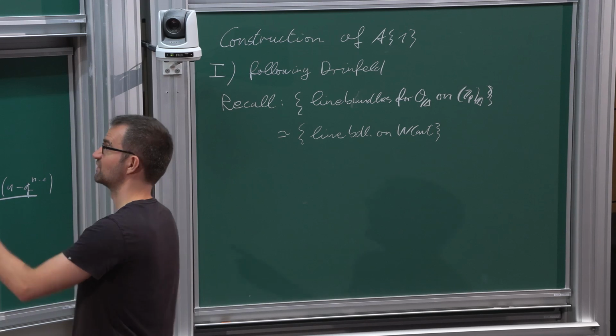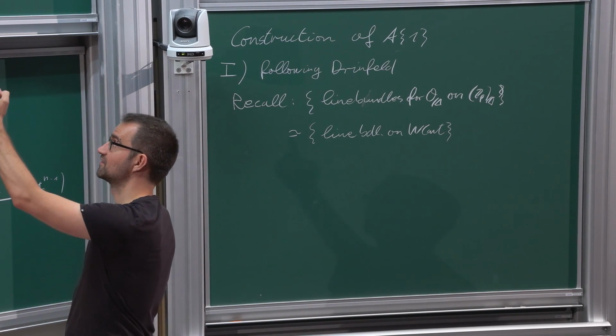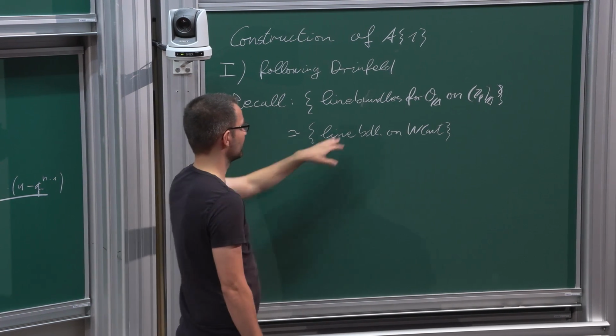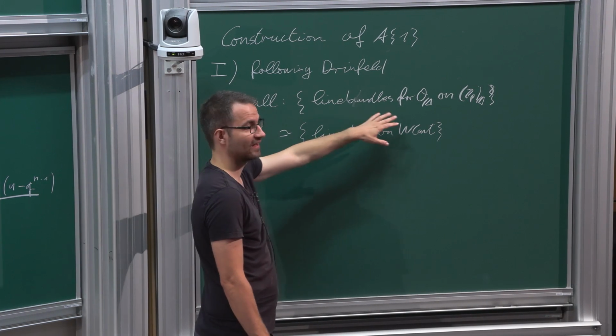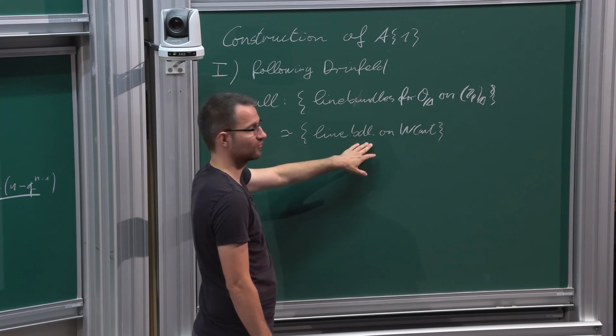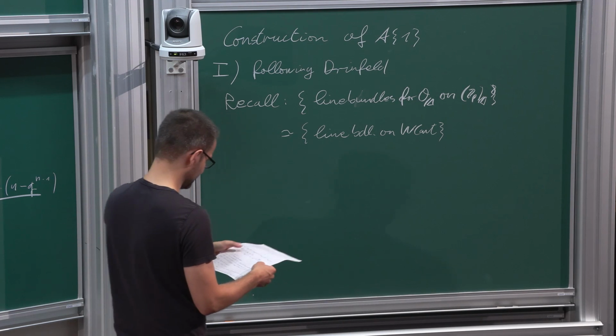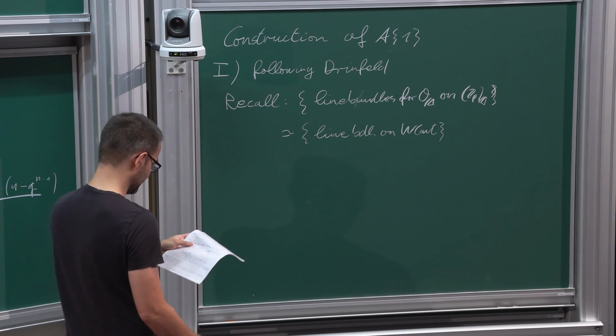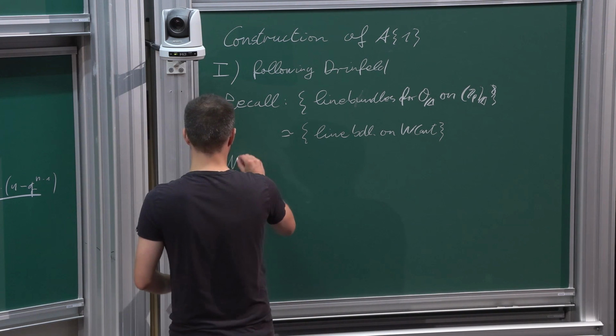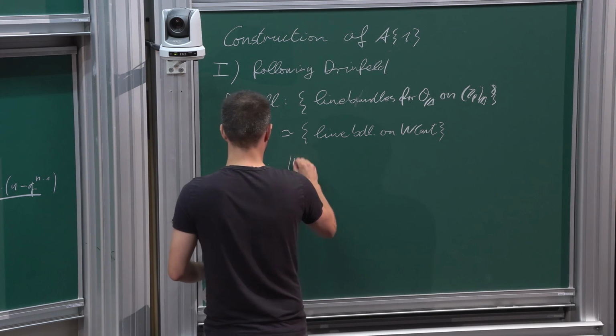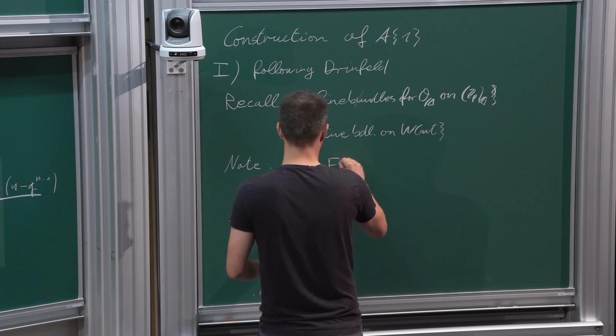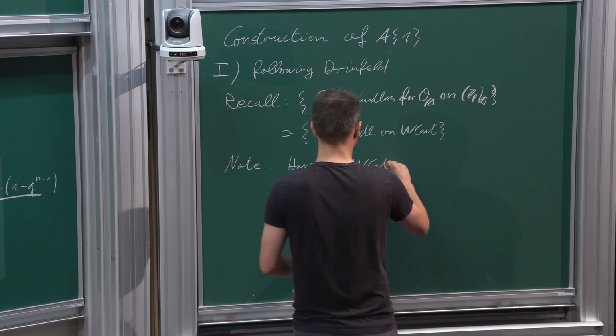And actually, the naturality of this Breuil-Kisin twist already implies that we want to construct a line bundle here on the prismatic site, and so it's sufficient to construct a line bundle on the Cartier-Witt stack.